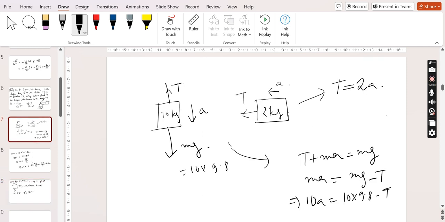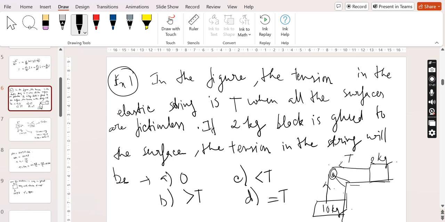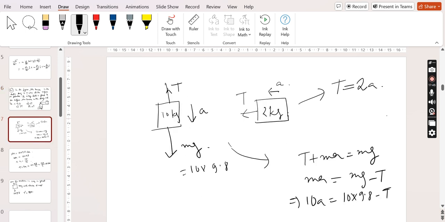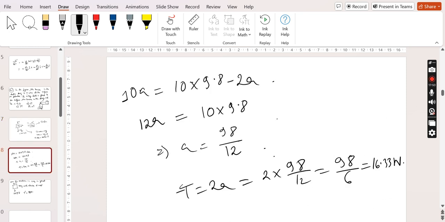So in the previous condition, what is the condition? That it is frictionless. So the masses were moving due to T. So in that case, the T is 16.33.